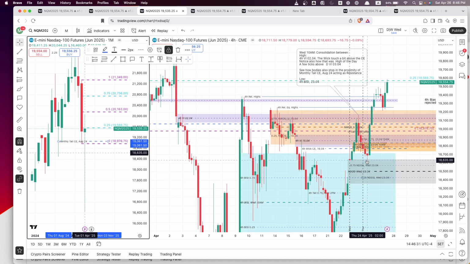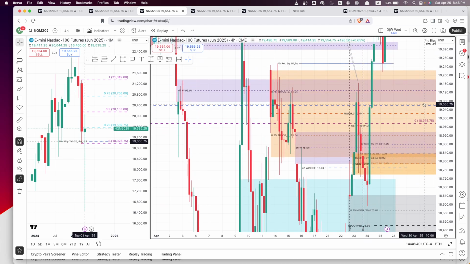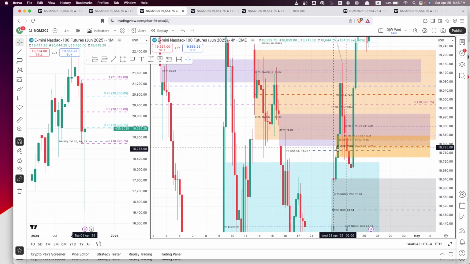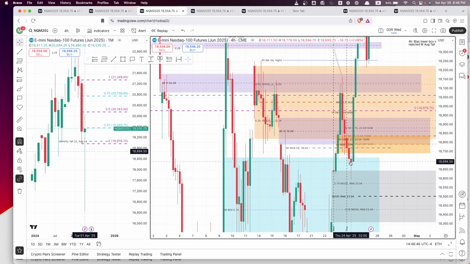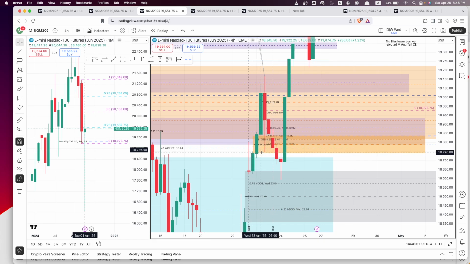Finding support, finding resistance. And then here as well, we have this busy. And this is already, sorry, this is already Thursday. So price just stays in this busy and this 4-hour volume imbalance.